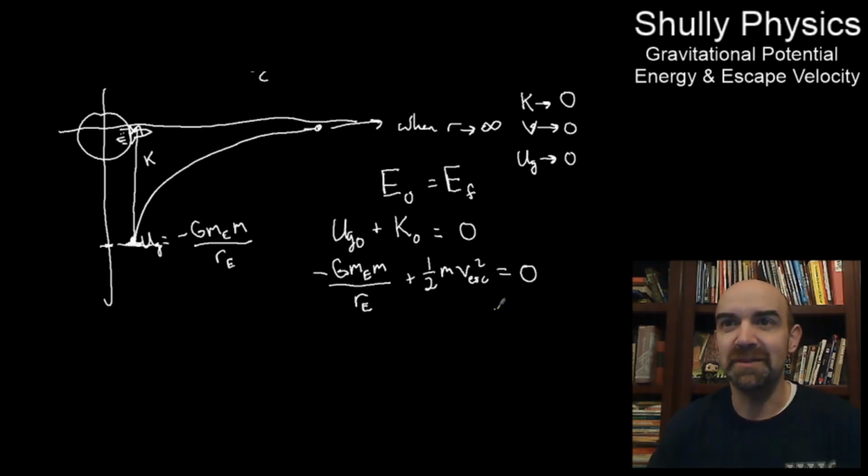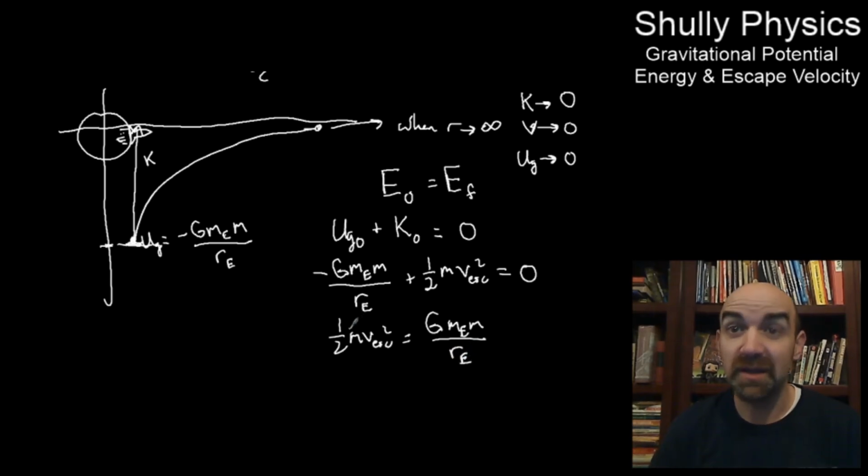So when we add this to the other side, it becomes an algebraic problem. 1/2 m v escape squared equals positive G, if we add this to the other side, mass of Earth times mass of rocket over radius of the Earth. Some m's cancel.